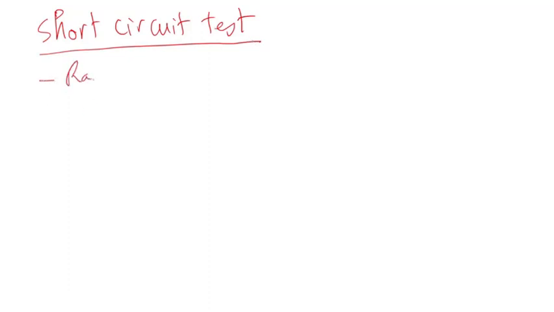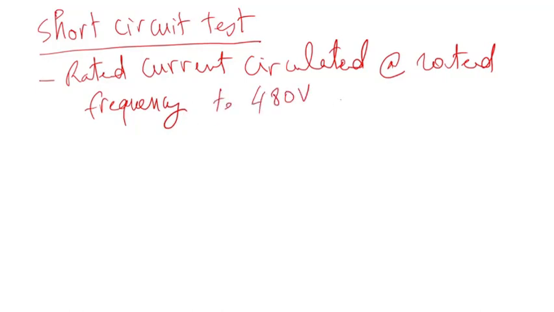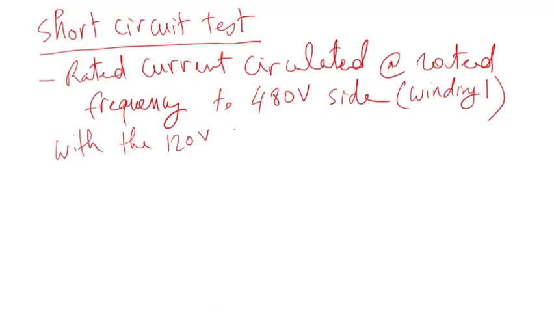So rated current was circulated at rated frequency to the 480 volt side, or winding 1, with winding 2 over the 120 volt side, winding 2 shorted.